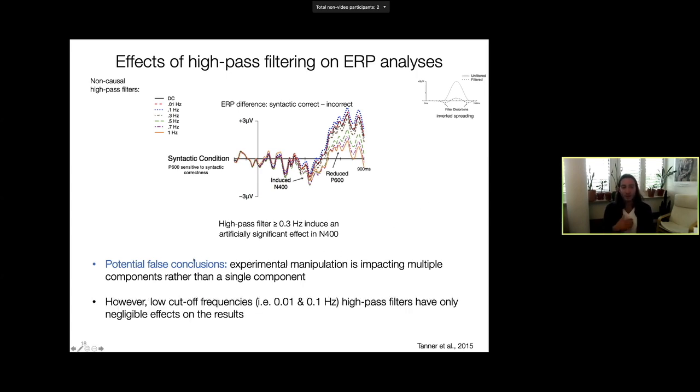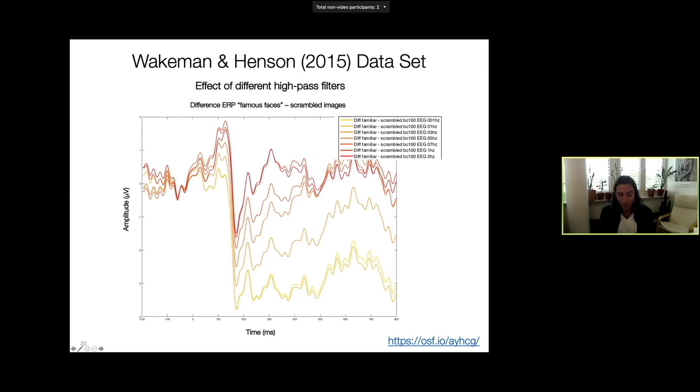And if you use low cutoff frequencies, such as 0.01 or 0.1 Hertz, high-pass filters have only a small effect on the results, as I showed you here in blue and red. So I also performed this analysis with the data which are provided here in the educational course, the Wakeman-Henson data sets, and applied different high-pass filters.